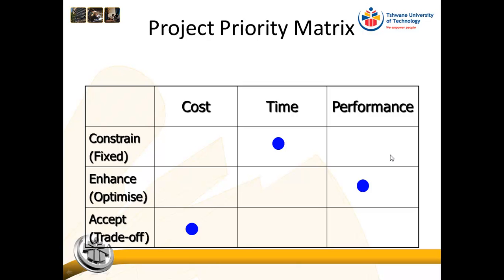Then we wanted to optimize or enhance performance, because we can't have the stadium collapse or the seats collapse. So we wanted to optimize the performance. We wanted to make sure that the stadium could be used for soccer matches and rugby matches, etc.